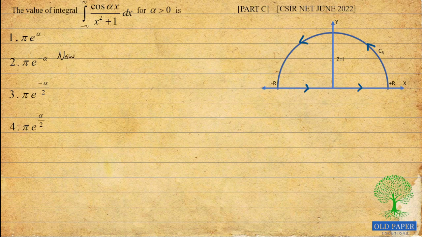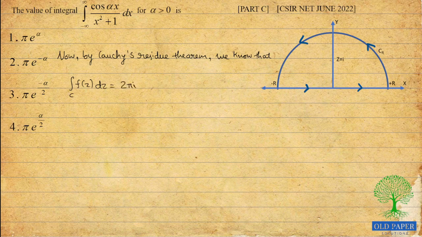Now, by Cauchy's residue theorem, we know that the integral of f of z dz over contour C is equal to 2 pi i times the sum of residues.